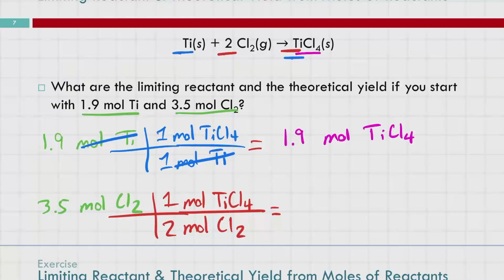Again, this is so that our units cancel. So our moles of chlorine cancel out. We've got 1 on the top, 1 on the bottom, so those turn into a 1. They basically disappear. And we've got the moles of titanium 4 chloride on the top that gets pulled through. And so we have to do 3.5 divided by 2. We'll get 1.75-ish moles TiCl4.